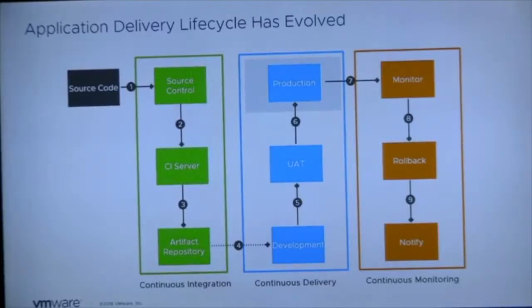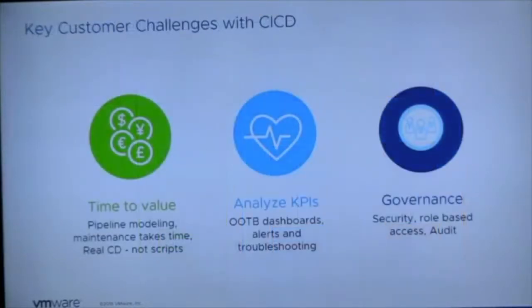So the ability to monitor once your application is deployed, and then do a rollback if your performance thresholds are not met. You want to be able to build that into the CI/CD pipeline itself, and then notify the operations teams or the developers so they can immediately remediate. That way, if you have a bad build, it doesn't stay out in production for too long. That's the trend that's happening in the industry.